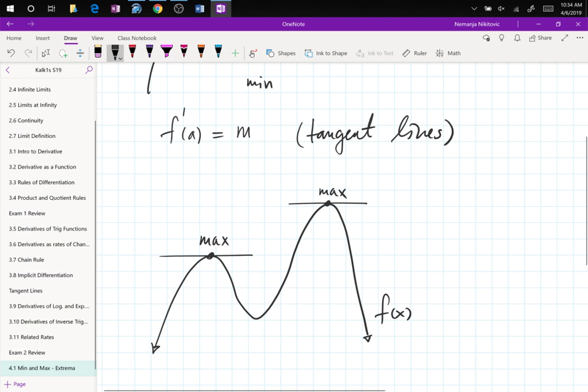The one that is higher, the highest of all max values, is called the absolute or global max.